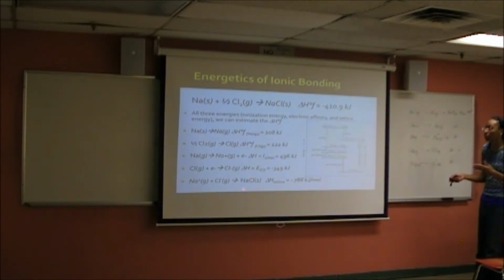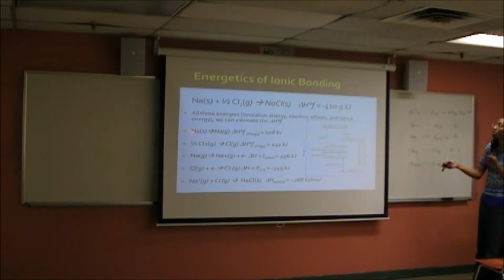I can either not give you the lattice energy and give you everything else and tell you to find the lattice energy, or I cannot give you the sublimation of one of them and tell you to find the sublimation. Everything here is going to equal this, so when you add all of those up, you get that.